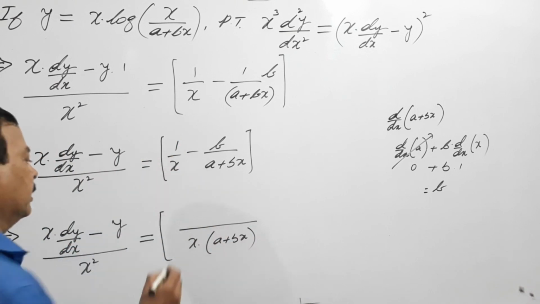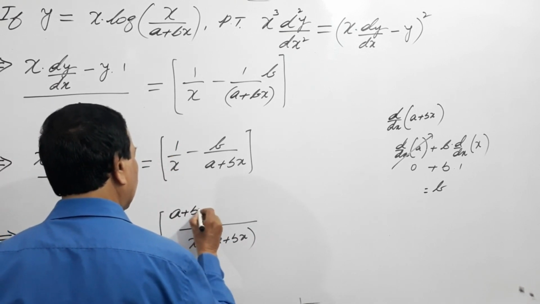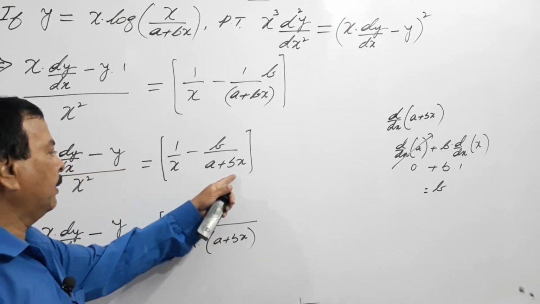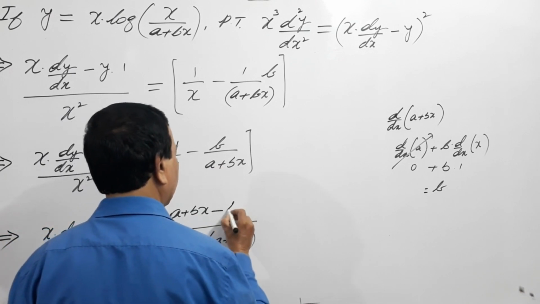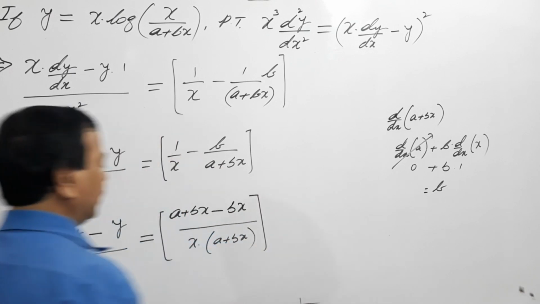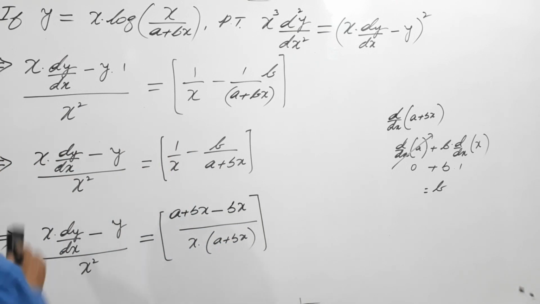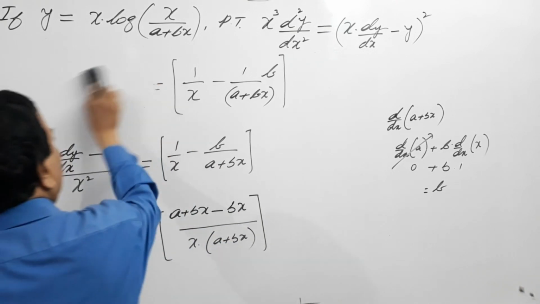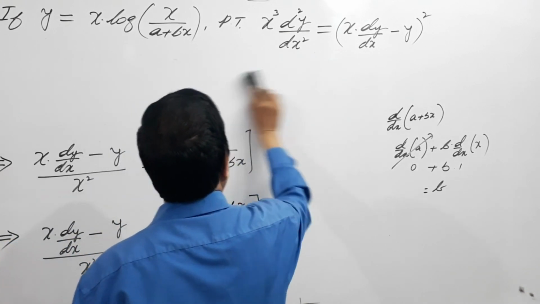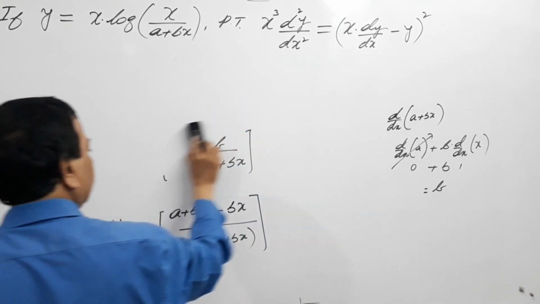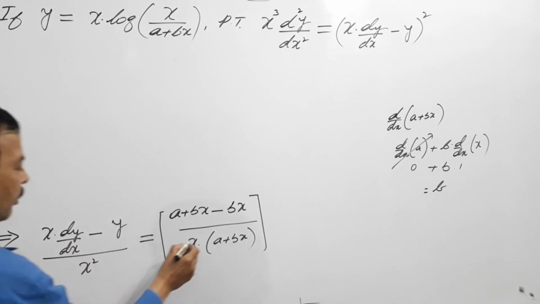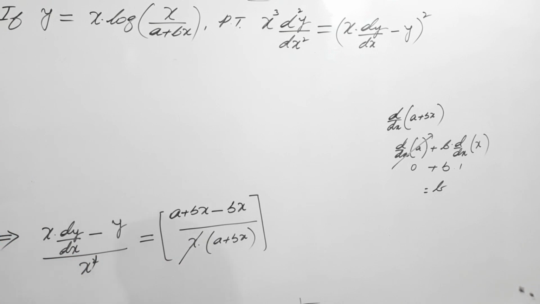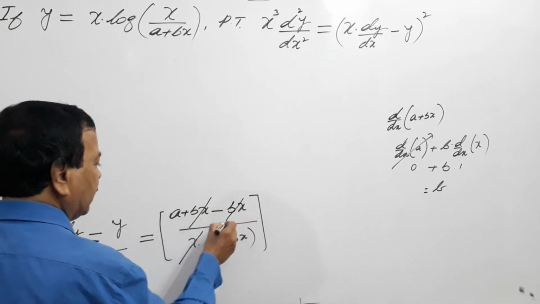A plus bx into 1 is a plus bx, and then we are left with minus bx. The x terms cancel, and plus bx and minus bx cancel.